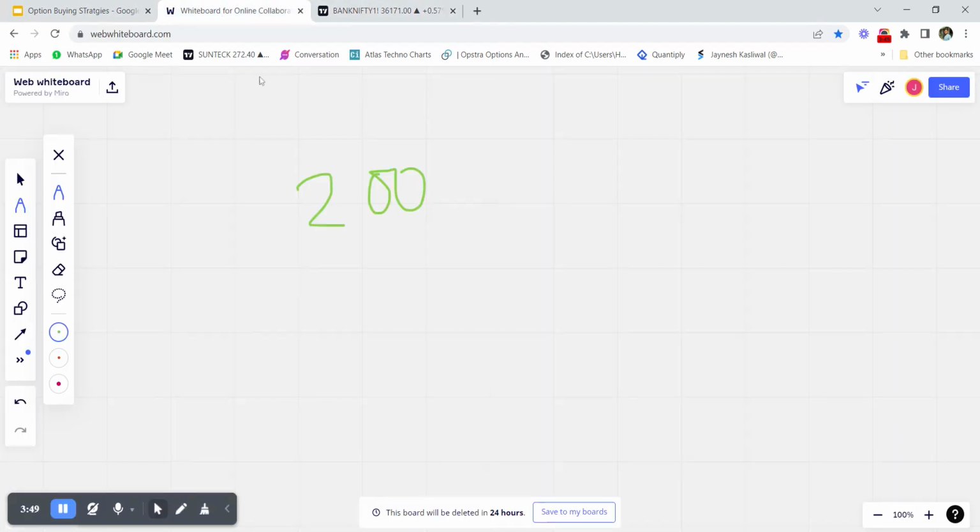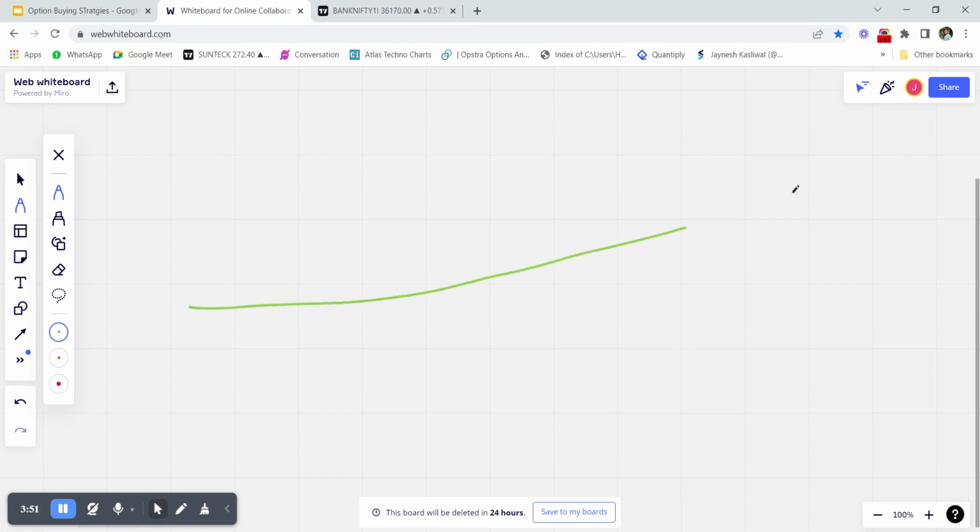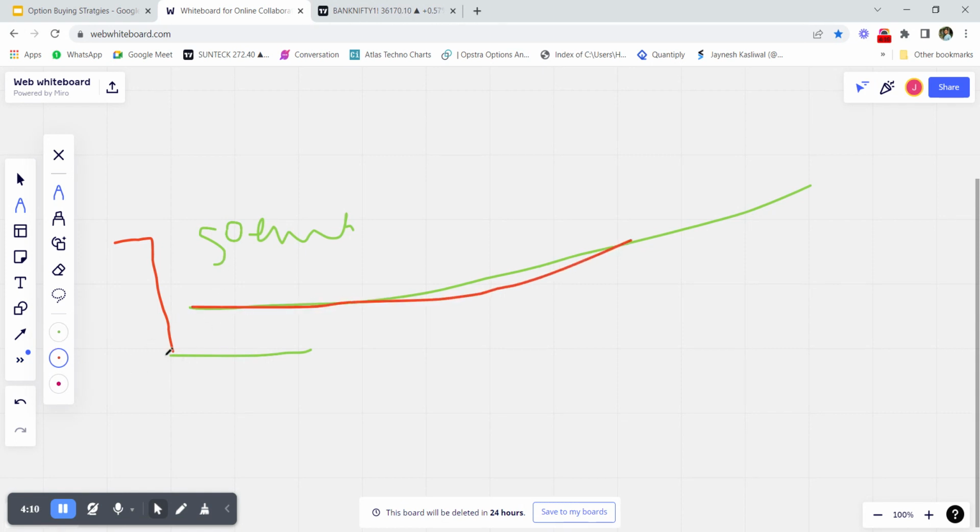So the first condition is that Nifty and Bank Nifty should be trading above the 50 EMA whenever the super trend gives you a buy or sell signal. For example, the super trend is in a negative zone, and then it gives you a positive zone, so it gives you a buy signal. Here the indicator is going to check whether Bank Nifty or Nifty is trading above the 50 EMA. If not, it is not going to give you a long signal.